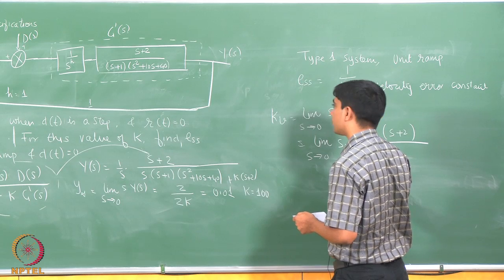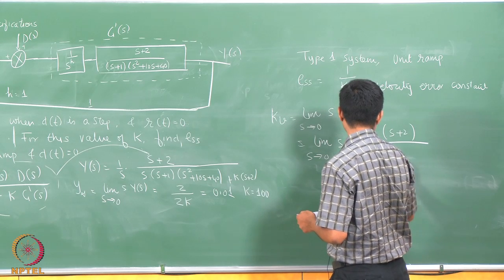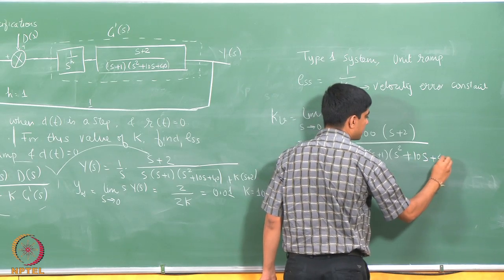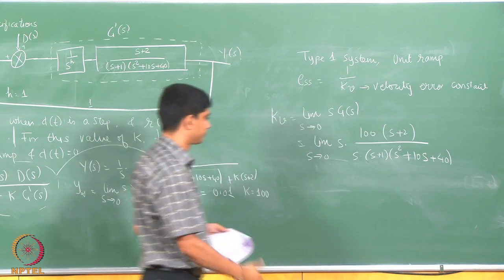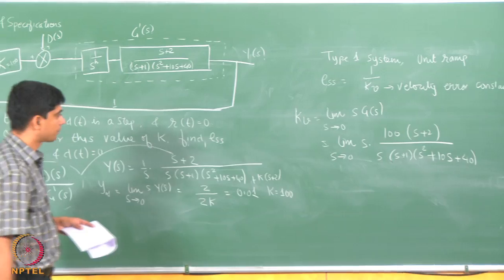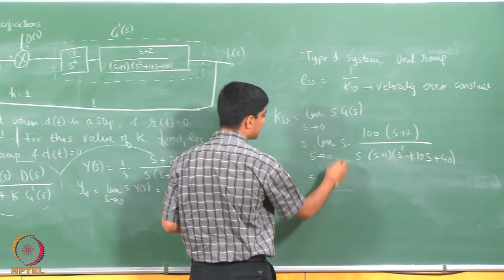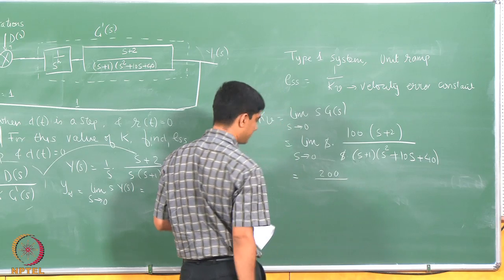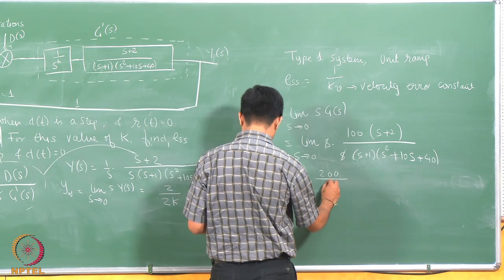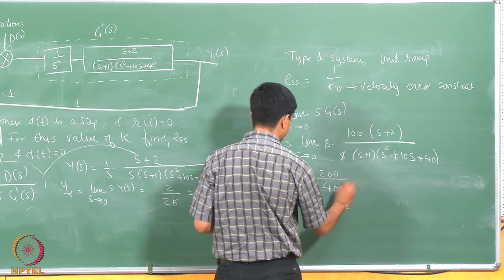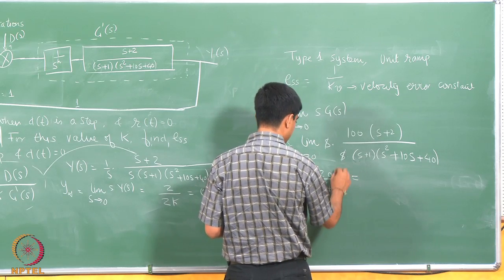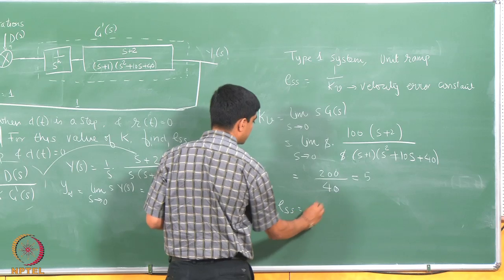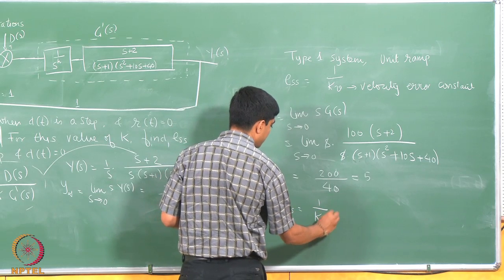So, I have one pole at the origin, (s plus 1)(s square plus 10s plus 40). Okay. So, I can do all the computations. So, this guy goes away, in the numerator I am left with 200 and in the denominator I am left with 40. So, this is my kV, right, this is 5, and ESS therefore is 1 over kV and that is 0.2.